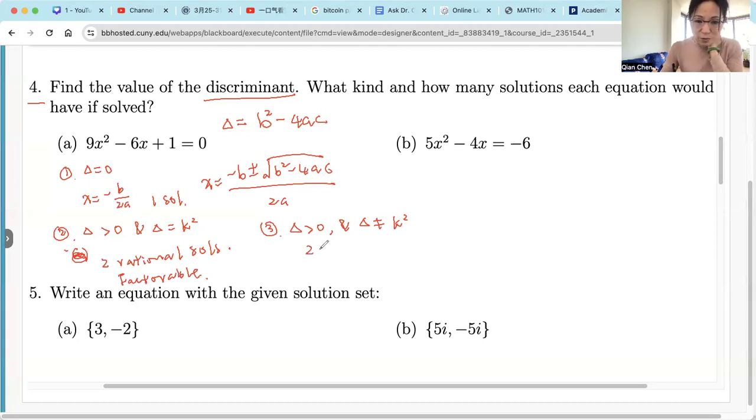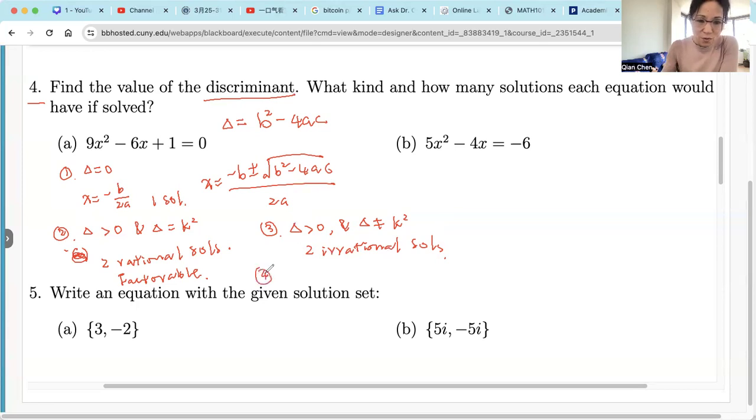In that case, we have 2 irrational solutions with radical signs, but we still have 2 solutions. So once the discriminant is bigger than 0, it's positive, we have 2 solutions. They could be rational if the discriminant is a perfect square, or if it is not a perfect square, we have 2 irrational solutions.